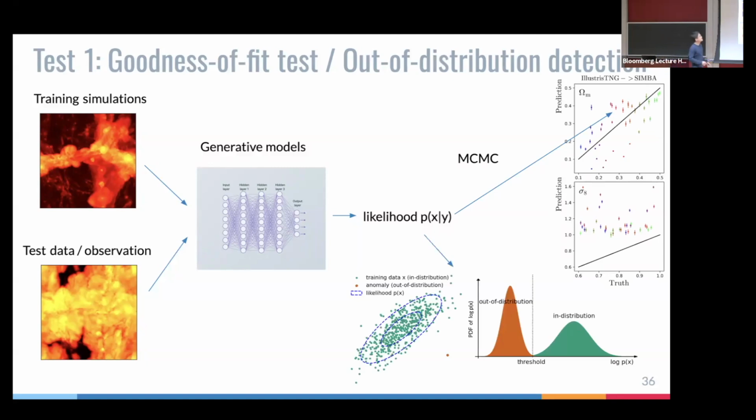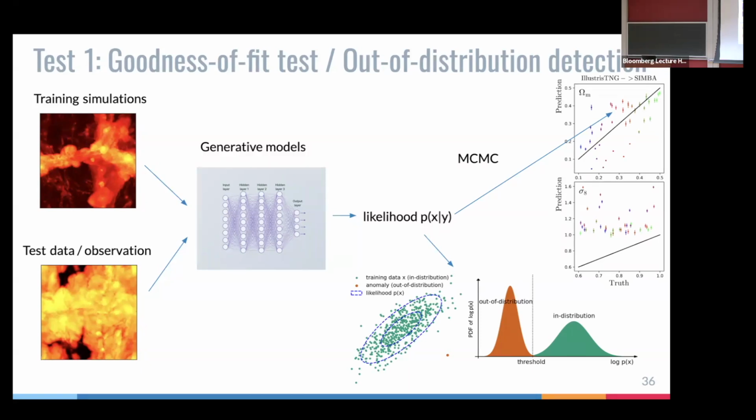But one thing we can do is look at the likelihood value and compare the likelihood of your observation with the typical likelihood value of your training simulations. So here's the idea. Imagine you have this 2D data. The green point is your simulation. You fit your likelihood function, which is essentially the density of your training simulation.